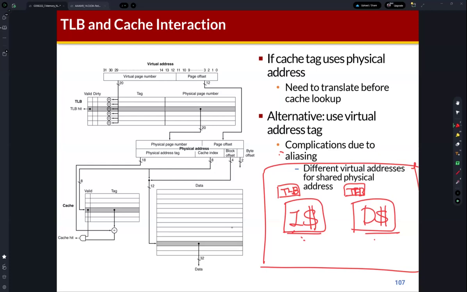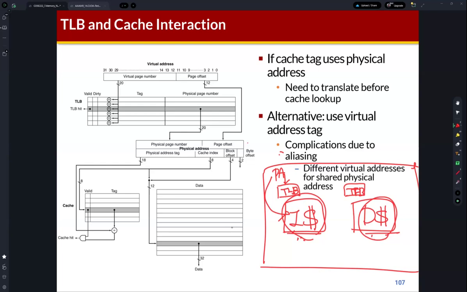Before accessing the instruction cache, the CPU first accesses the TLB and gets the physical address, and then using the physical address, the CPU accesses the instruction cache or data cache.